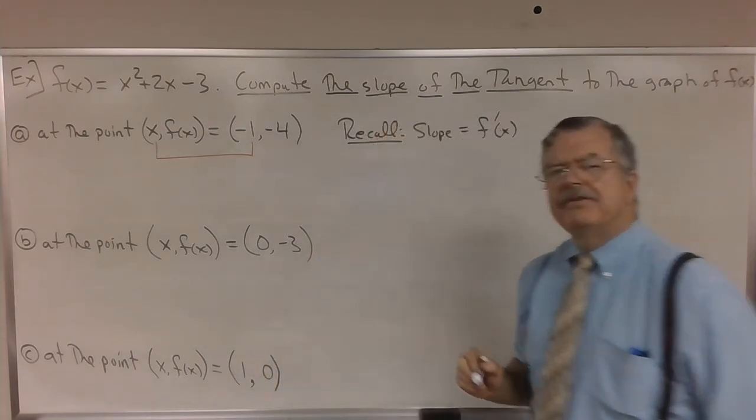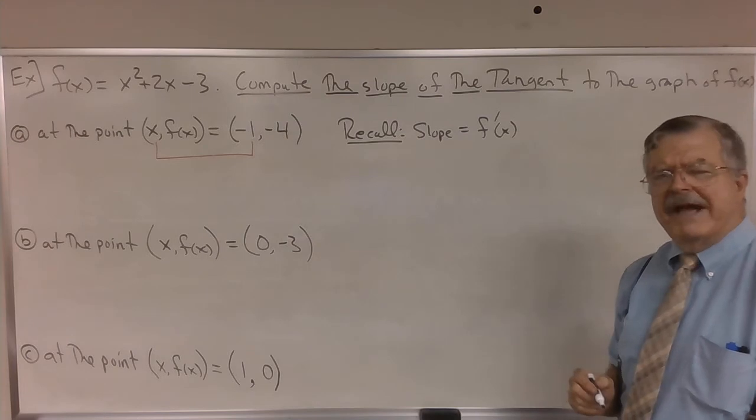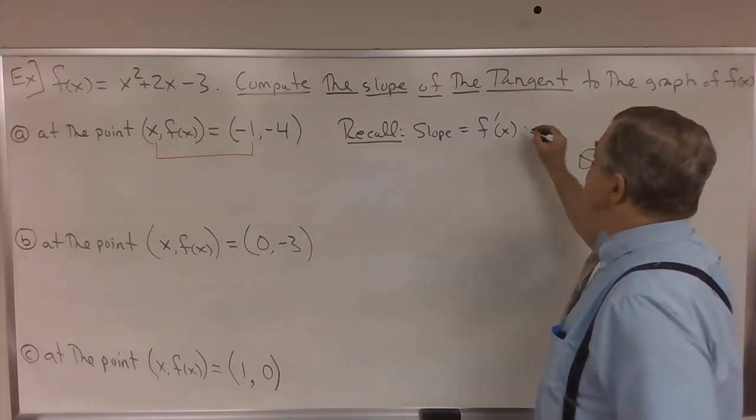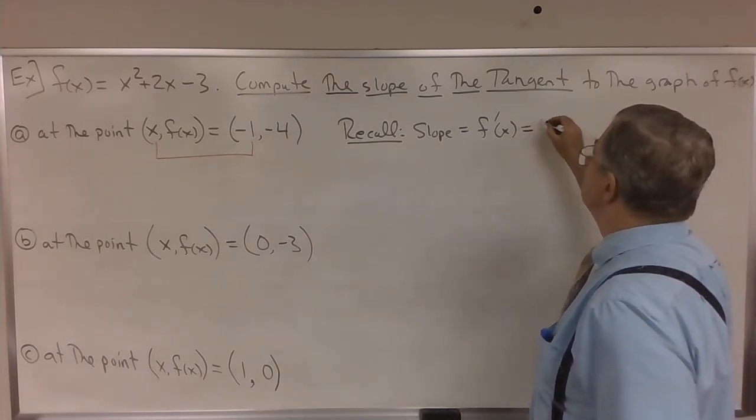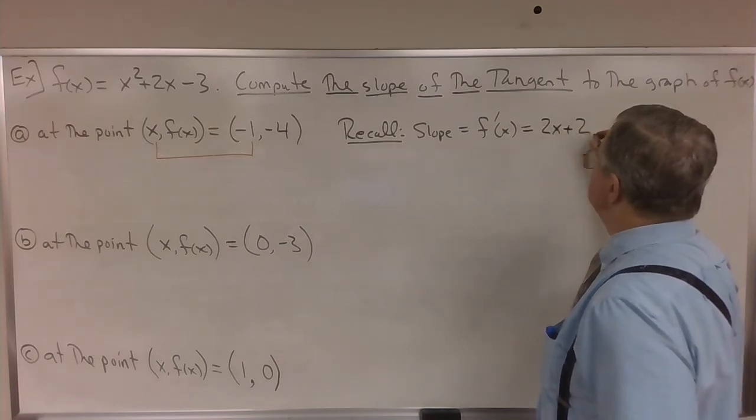The slope of the tangent is f prime of x. And from the previous example, that was 2x plus 2.